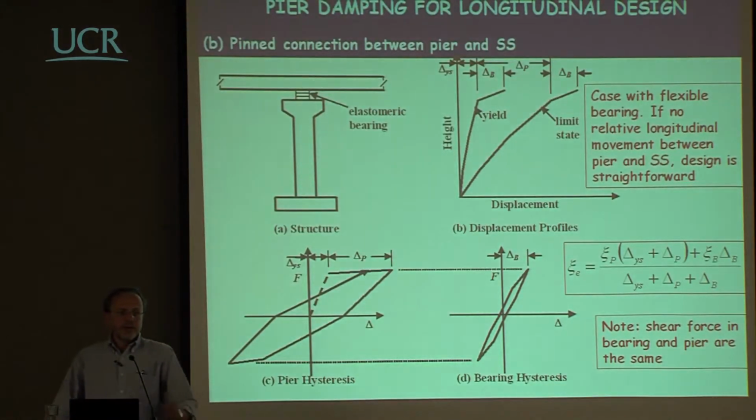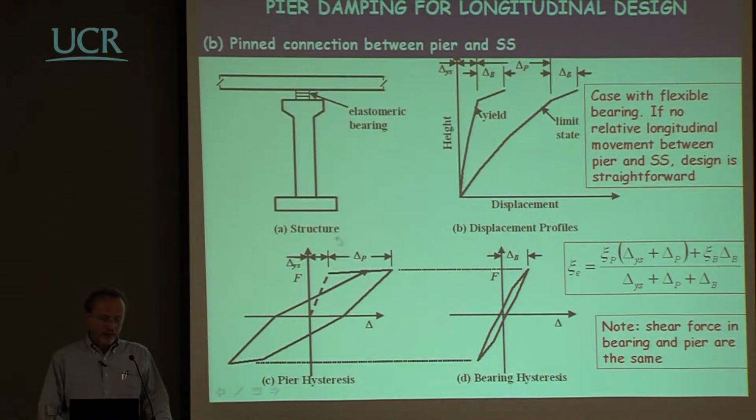Now, let's try to see more of what happens, and this is also a slide that has already been used, and actually when Nigel used this slide, he was not talking about an isolator here, he was talking just about a bearing. So what happened here? In the evaluation of the total damping of this structure, you were designing the bearing to take the force that has to pass there without any significant nonlinear response.